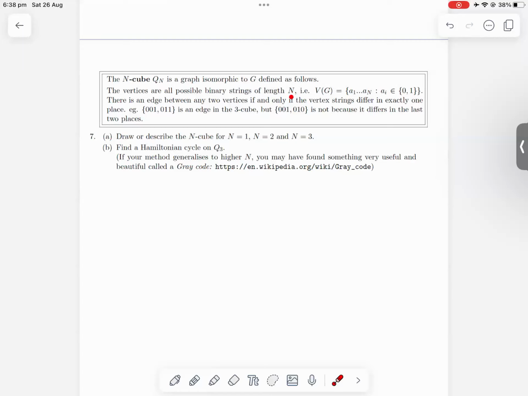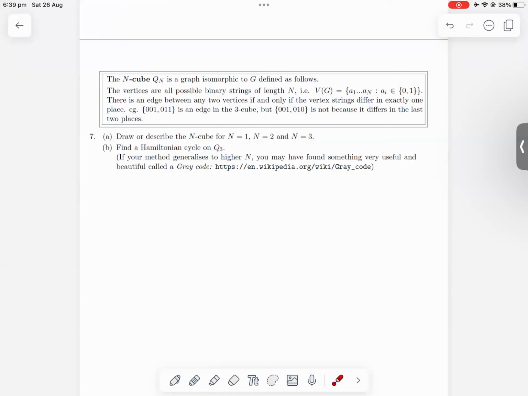So if we have 5 vertices, each vertex has a binary string of length 5. Here are the n vertices, and each vertex has a label like 0, 1, 0, 1, 0.